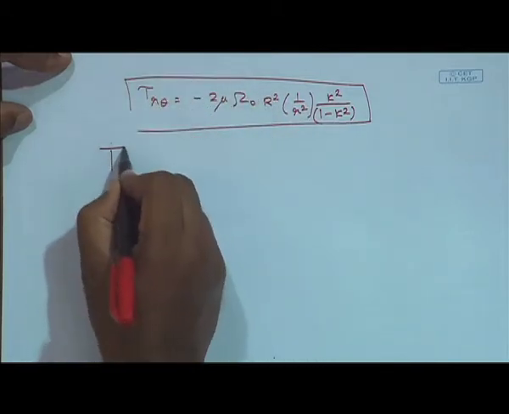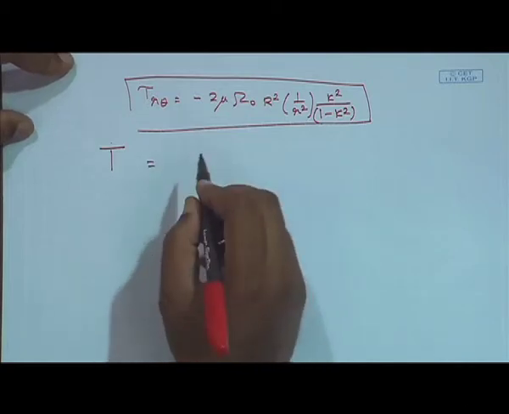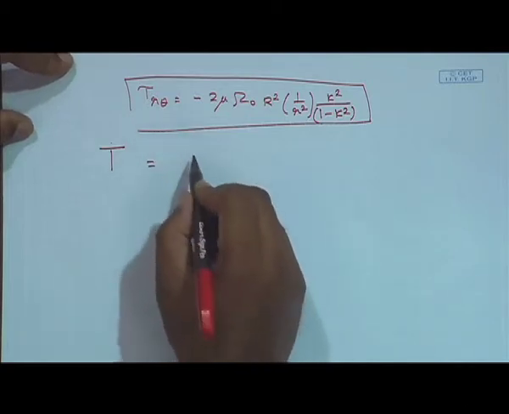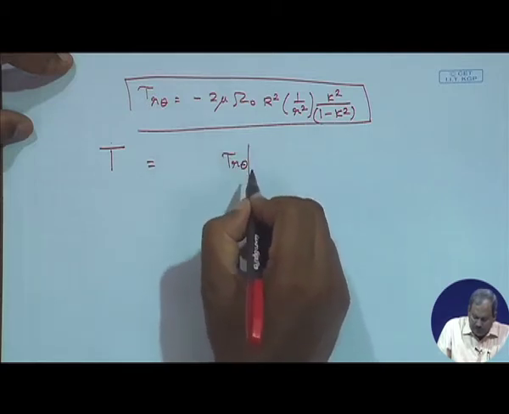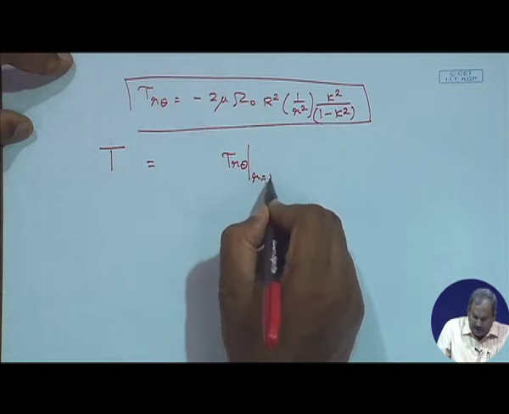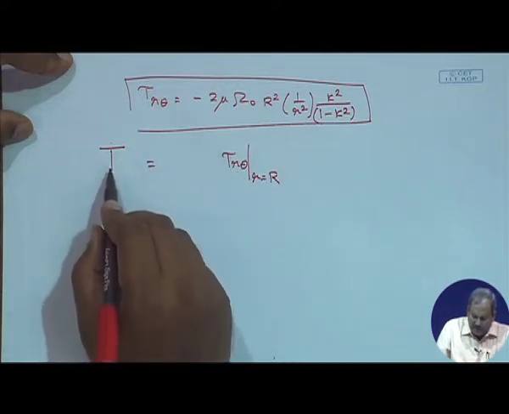The torque T required to turn the outer shaft is equal to the force. The force would be tau r theta evaluated at r equals capital R, since it's the torque needed to rotate the outer shaft.